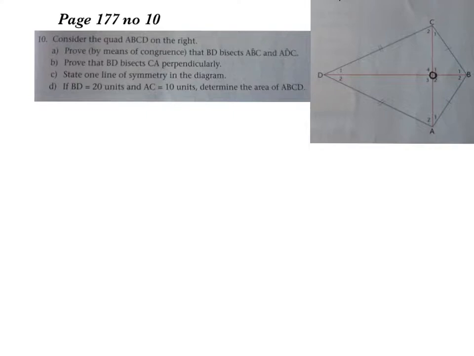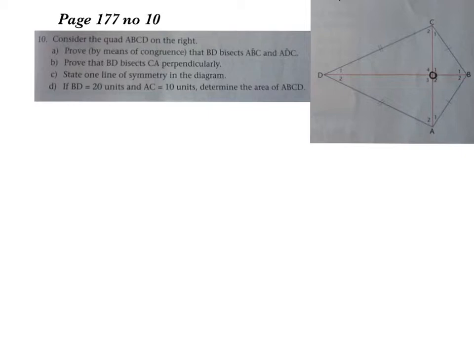What they're asking in A: prove by means of congruence that BD bisects ABC and ADC. Alright, so they've given us a hint there. We've got to prove it using congruence.